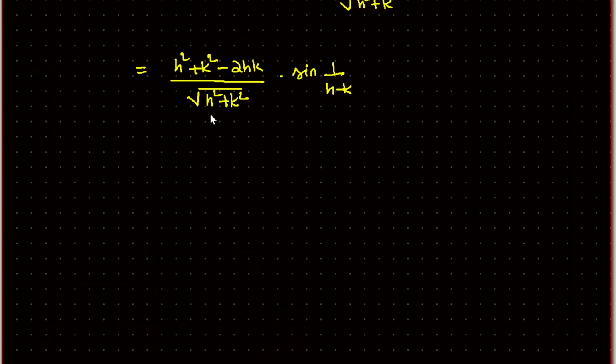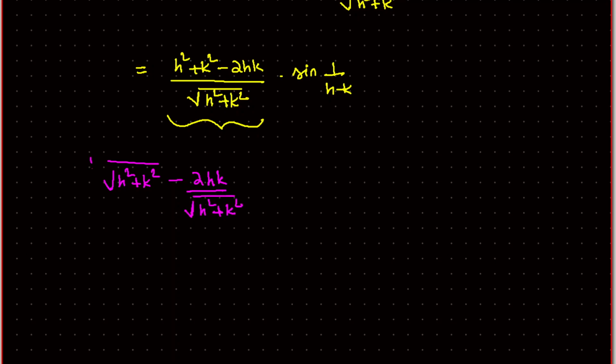Now let's focus on this part initially. This can be written as under root h square plus k square, minus 2hk divided by under root of h square plus k square.